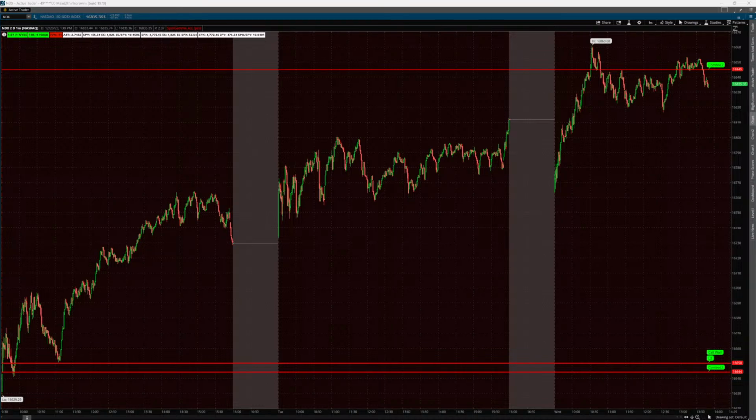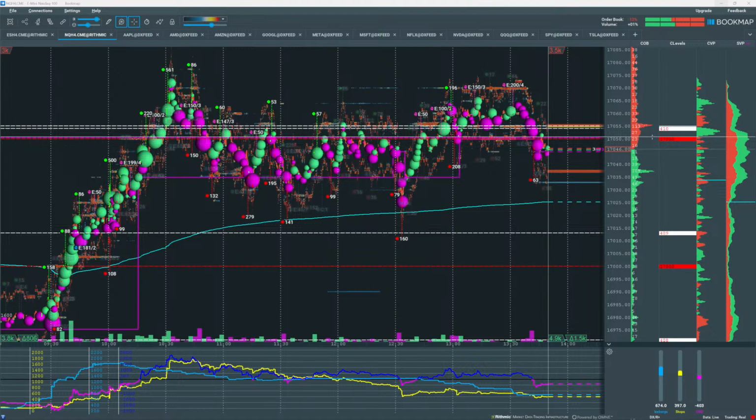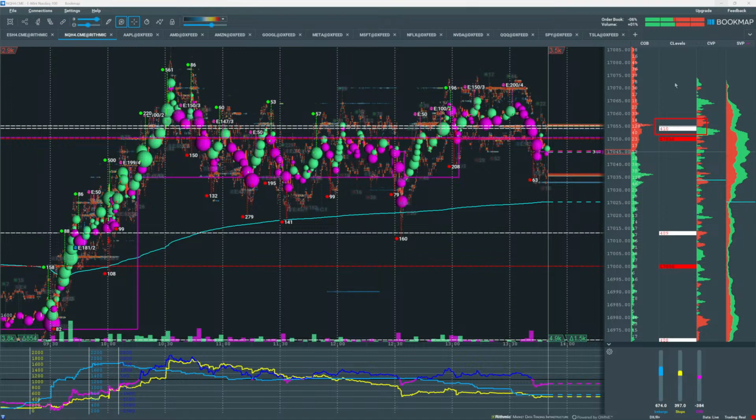All right, let's go back to the NQ chart now. And there's this cluster of levels. That's the 410 QQQ call wall, and then that combo level just above that. And now NASDAQ trading below that level.